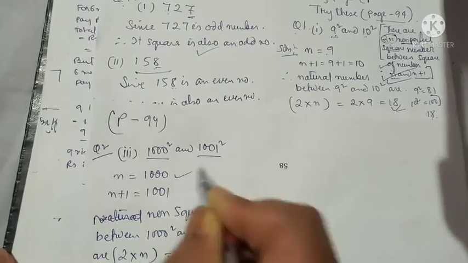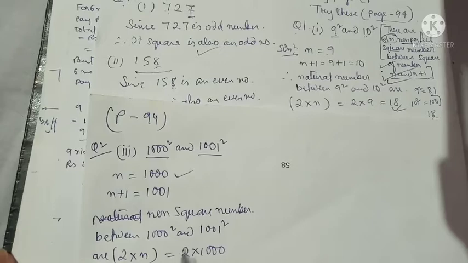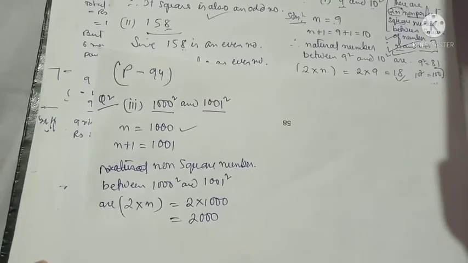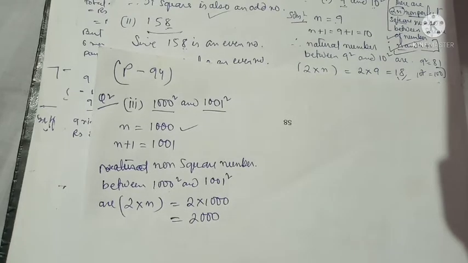Then n is 1000. So there will be 2000 non-square numbers between 1000 square and 1001 square.